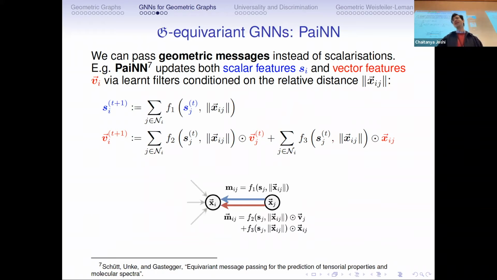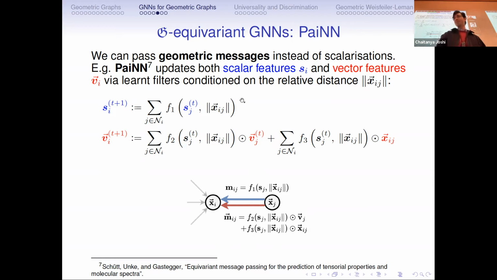Now, the other class of models are equivariant GNNs, and these models essentially don't scalarize. Instead, they pass geometric information as part of the architecture. They need to do a few more special things. And here's one very simple, straightforward example of such an architecture. It's called PaiNN. So now you update both scalar quantities as well as vector quantities.